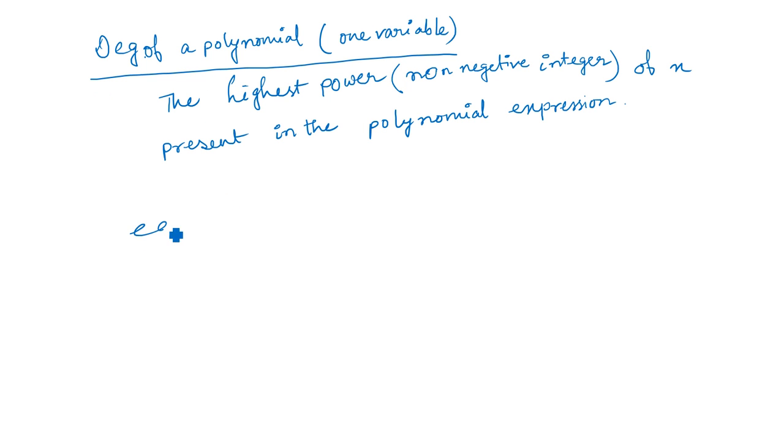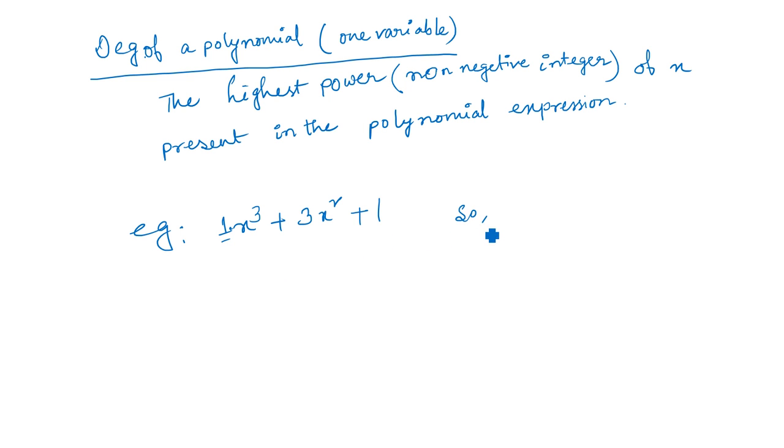As an example, take the polynomial x cube plus 3x squared plus 1. Here the highest power of x is x cubed, and its coefficient is 1, which is non-vanishing.